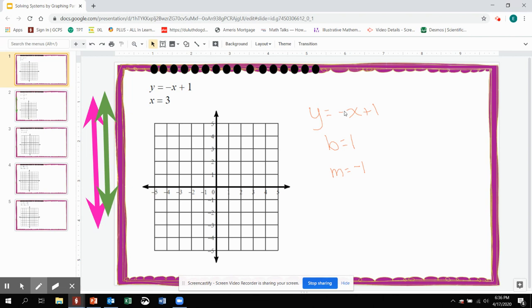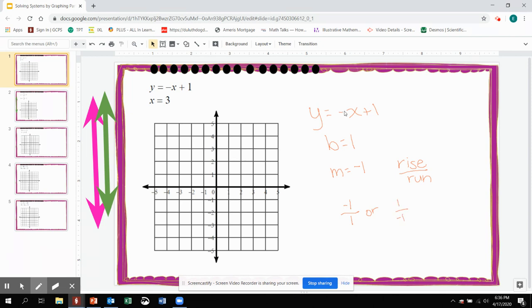Now, I also need to remember that slope, in order to be graphed, has to be in the form rise over run. So I can take my slope, which is negative 1, and place a 1 underneath that. That is the same as a slope of negative 1. We also learned last week that if I have negative 1 over positive 1, I can take my negative sign and flip it down to the denominator.